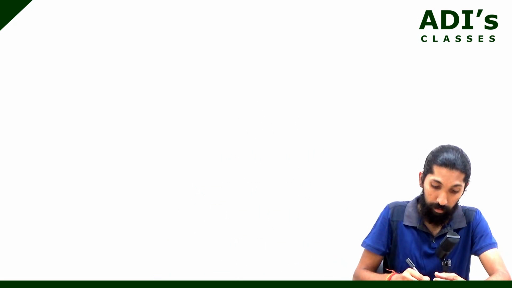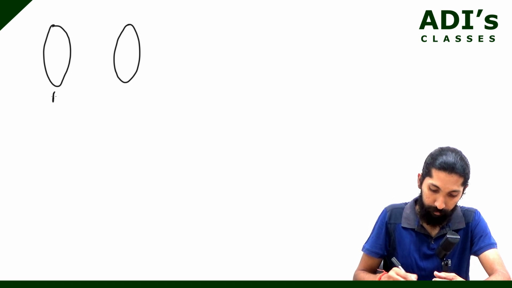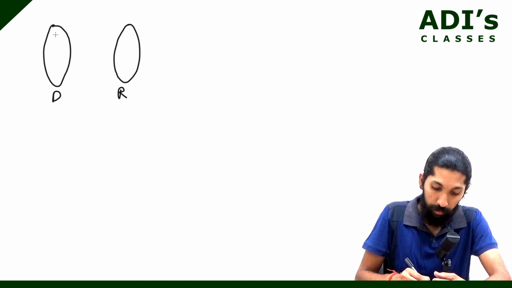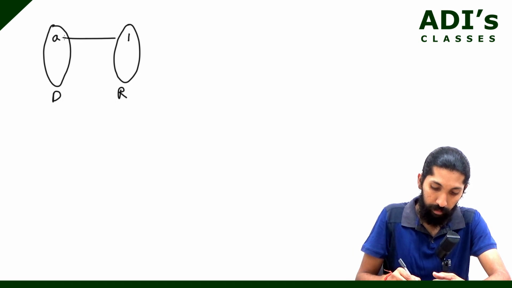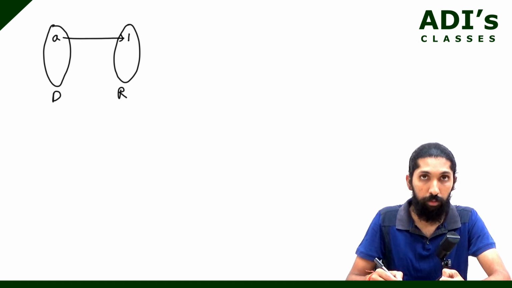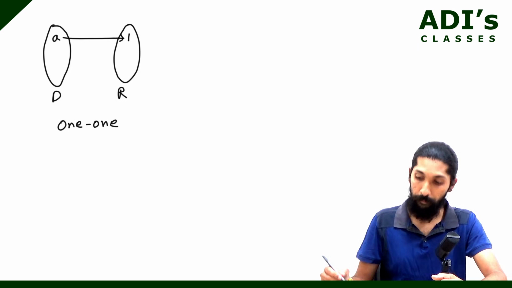So if this is the domain and this is the range, every element of the domain should have a unique element in the range. This is what we call one-to-one, or you can also call it an injective function.